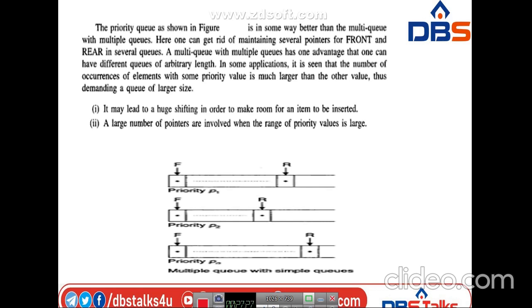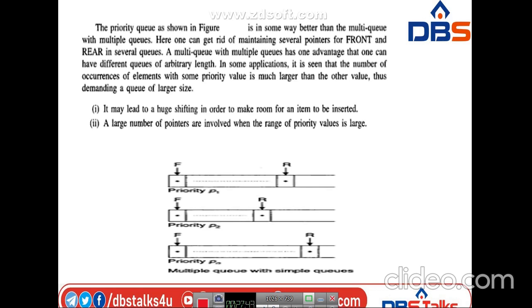Priority p1 means I maintain one priority queue which has the priority p1. In that one, I am going to use front and rear.